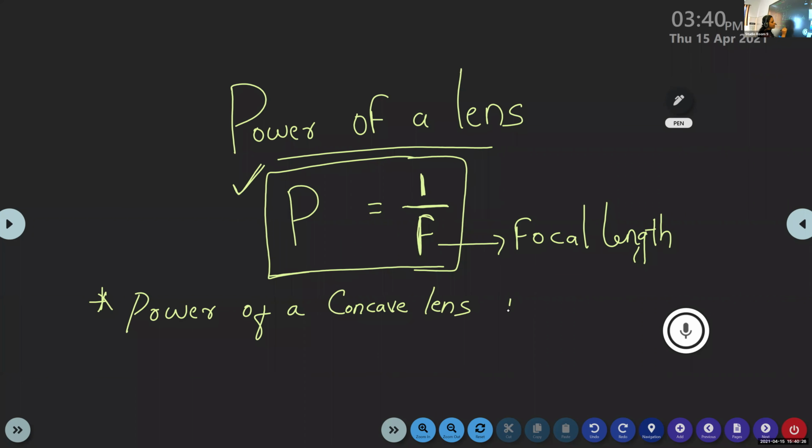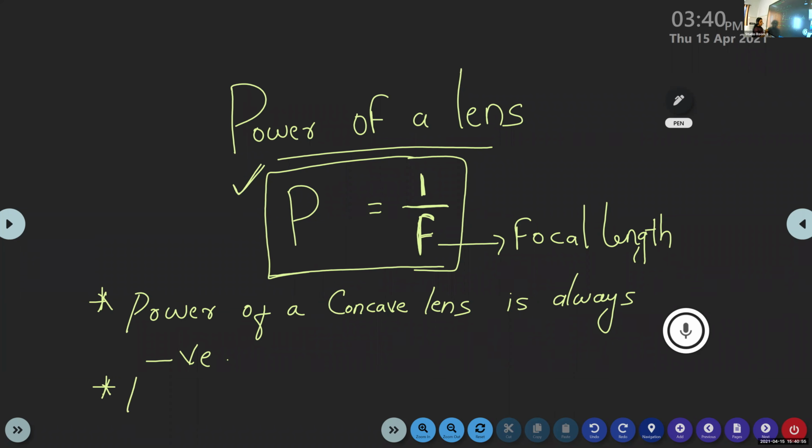Is it always negative or positive? Just make a guess. Negative. Yes, very good. The power of a concave lens is always negative. Why? Because the focal length of a concave lens is negative. So the power of a concave lens is always negative.